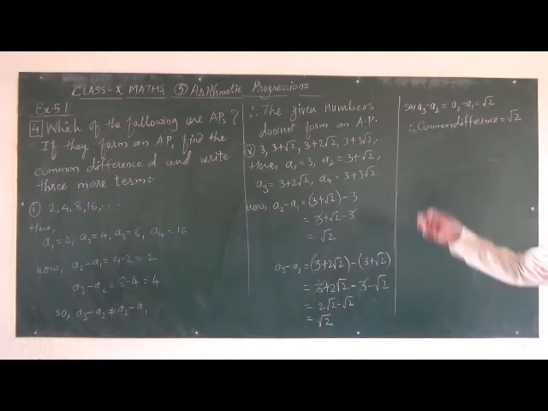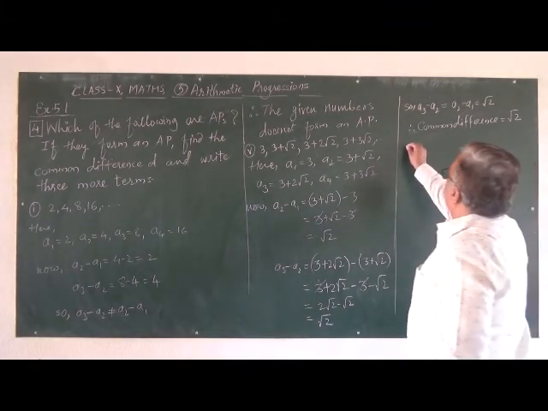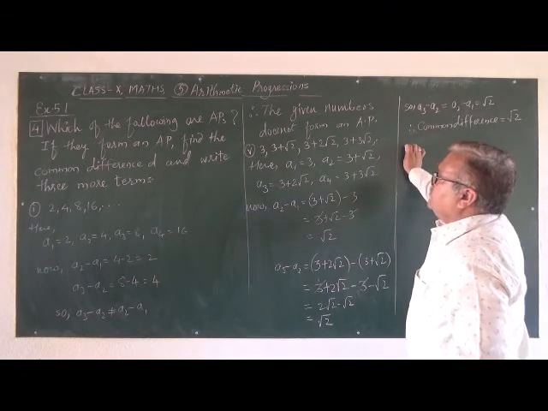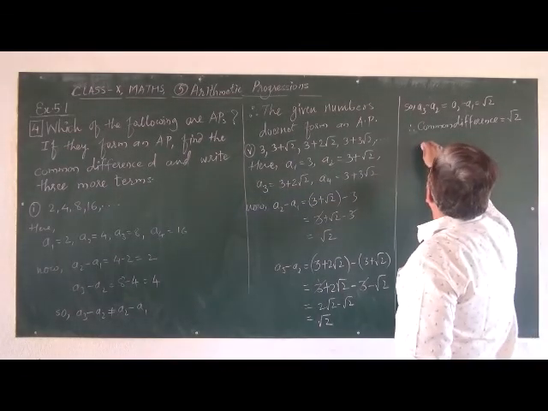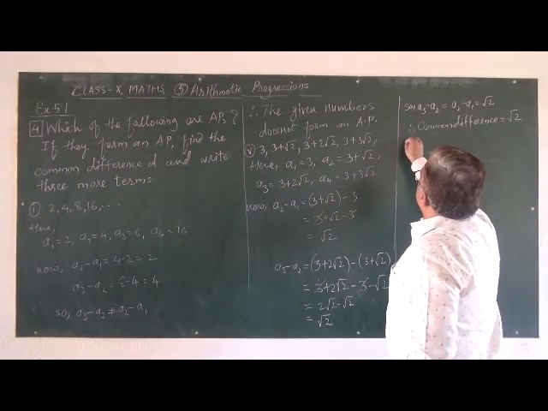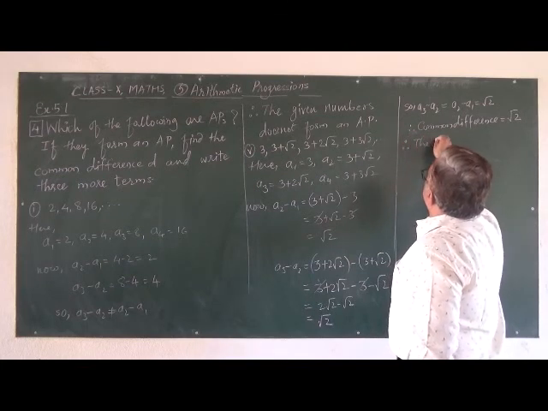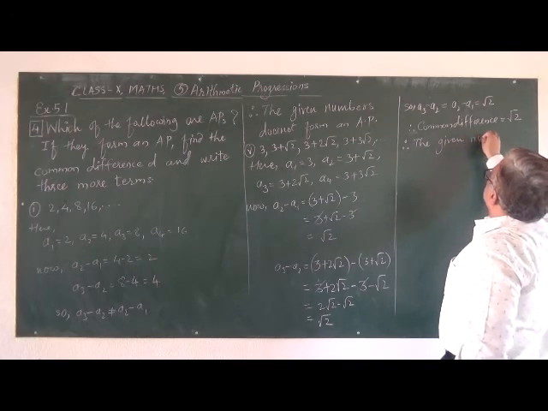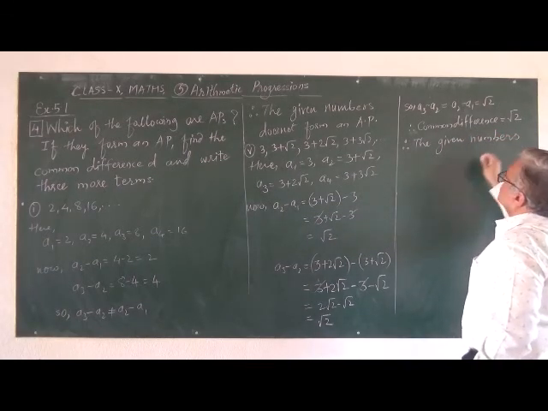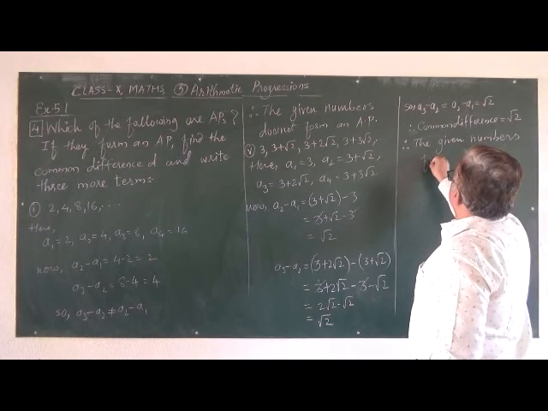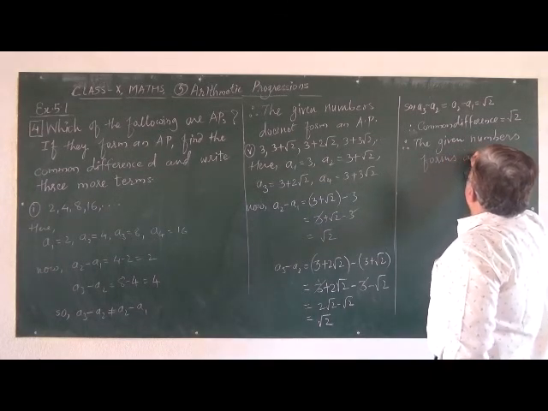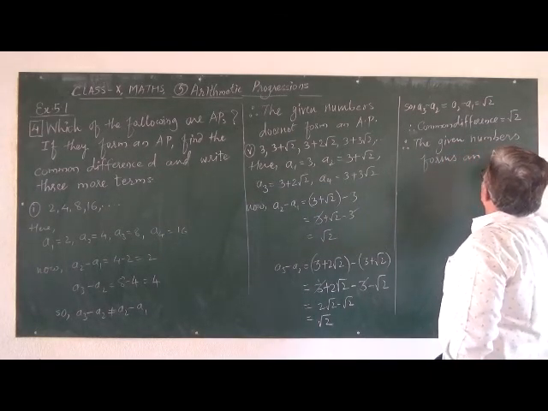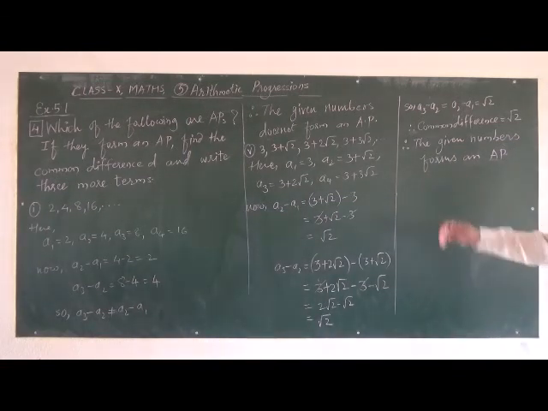Now, the common difference is root 2. So therefore the given numbers form an AP. Now what we require? They said if it is an AP, find 3 more terms.